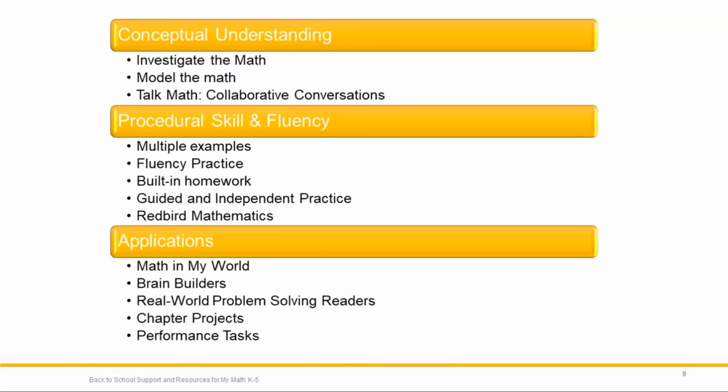One is Investigate the Math, which is a part of the lesson itself, and Model the Math. So huge. When you think model, I don't want you to think about just demonstrating something to students, but modeling is also, for instance, building a graph as a fifth grader or a fourth grader. It's also interpreting the graph. So these are the kinds of things that I want you to look for as we talk about MyMath.